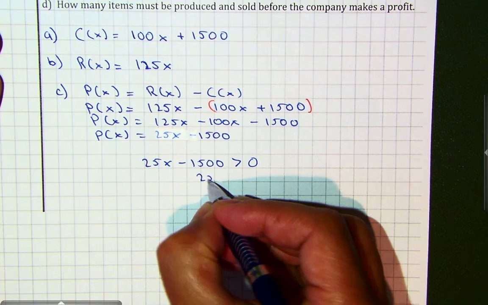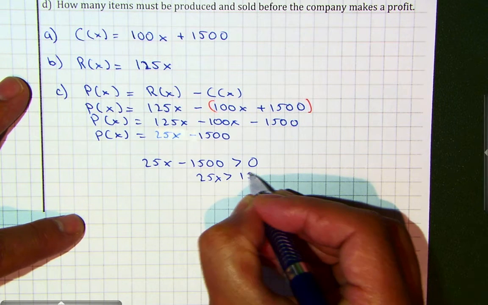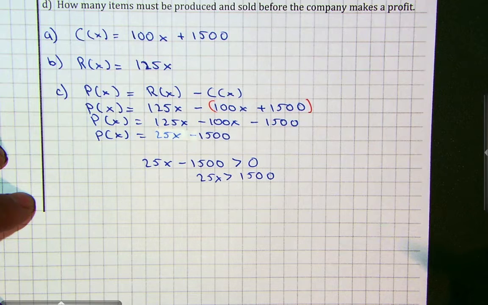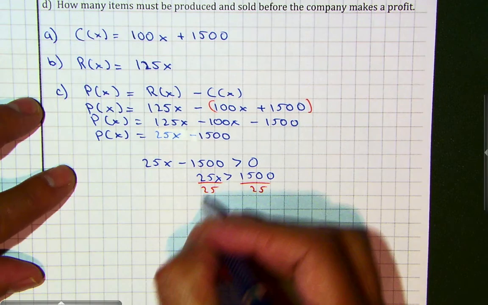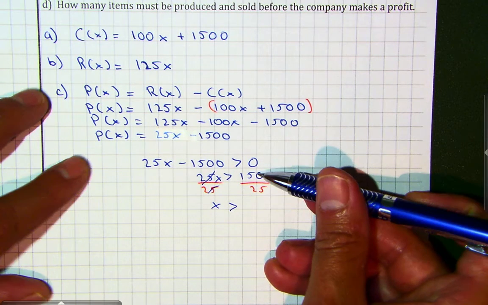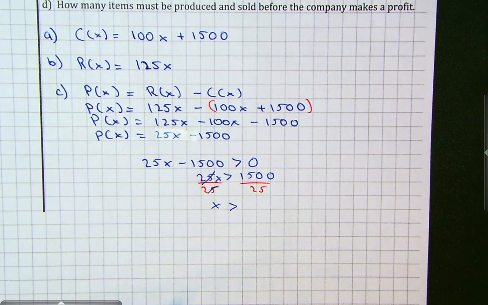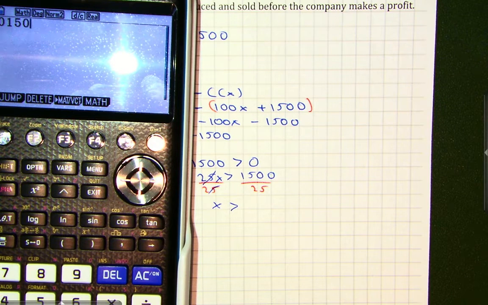It gives you 25x is greater than 1500. Divide by 25 on both sides. So x is greater than, in this case I'm just going to use a calculator, 1500 divided by 25, which gives me 60.